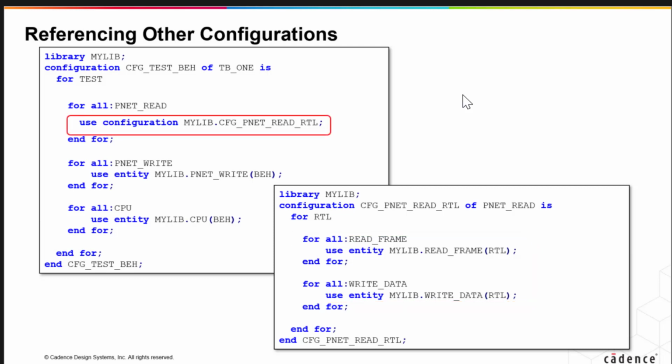We can now reference this configuration for pnet read in the original configuration, with "use configuration". This is followed by configuration for pnet write and CPU components. Note that we are specifying the library into which the configuration or entity/architecture design units have been compiled.